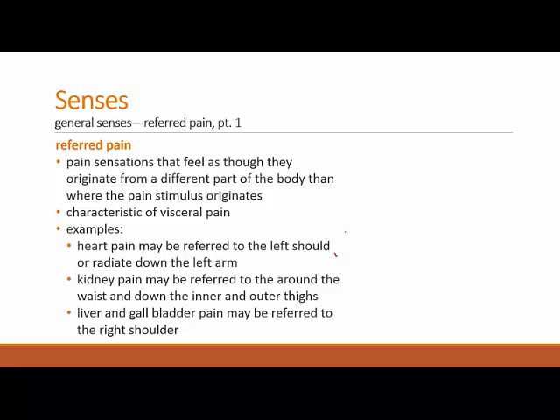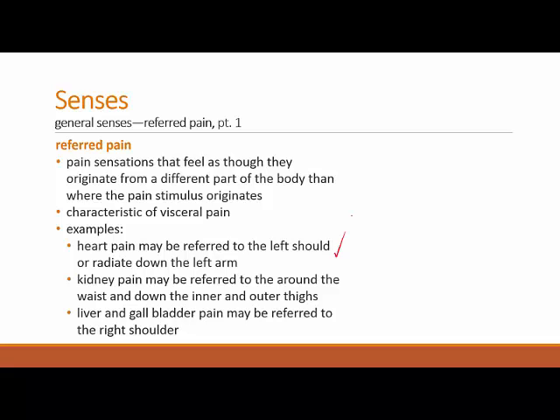One of them is what we associate with a heart attack, where not only do people feel a tightness in their chest, but there may be pain radiating down the left arm. Kidney pain can be referred around the waist and down both the inner and the outer thighs. And liver and gallbladder pain can be referred to the right shoulder.